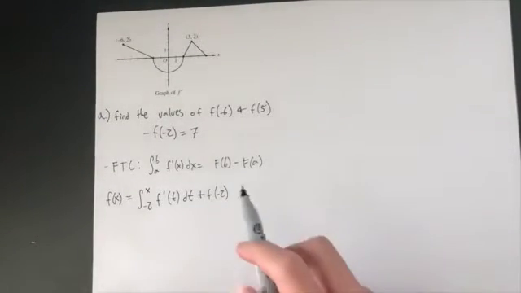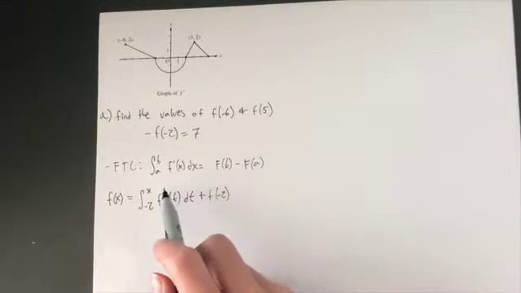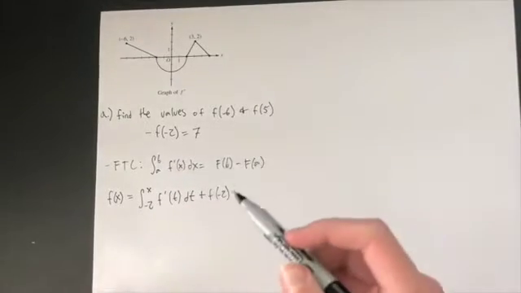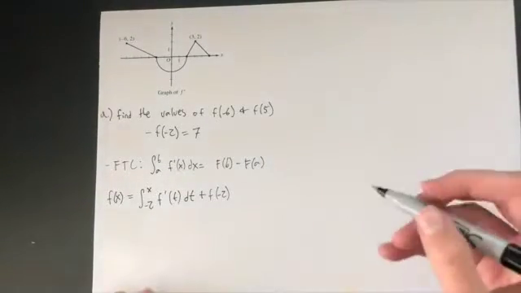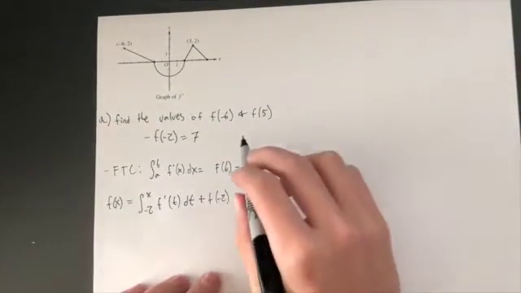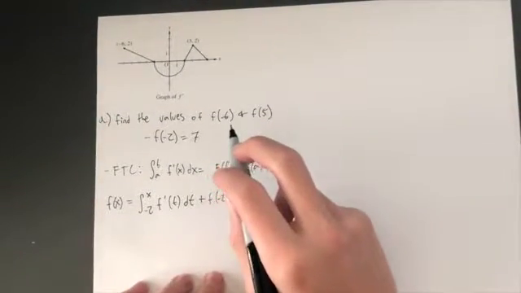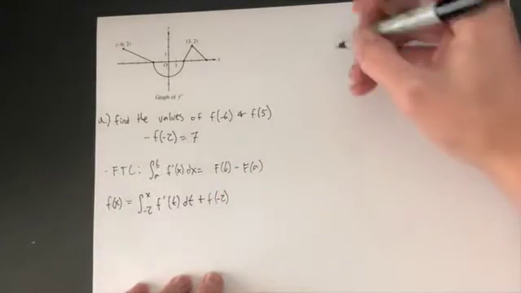All I really did there was bring the f of a over and change the b to an x, because we're solving for f of b now, or f of x. So now I can just plug in my values for x and solve.